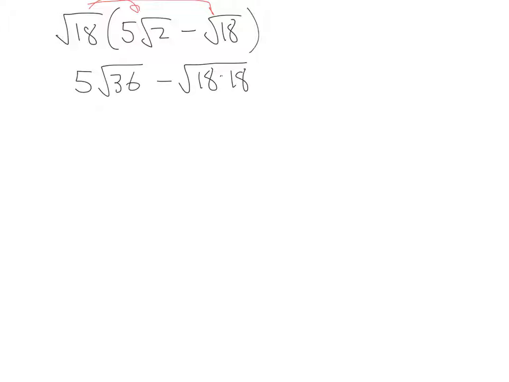Root 18 times root 18 is then just going to be 18, which we'll be subtracting, and 5 root 36, of course, is 5 times 6, so that's going to give us 5 times 6, and so when we simplify all this, we're going to get 30 minus 18, and we will get 12, so there's a pretty quick one. We'll take a look at some more.